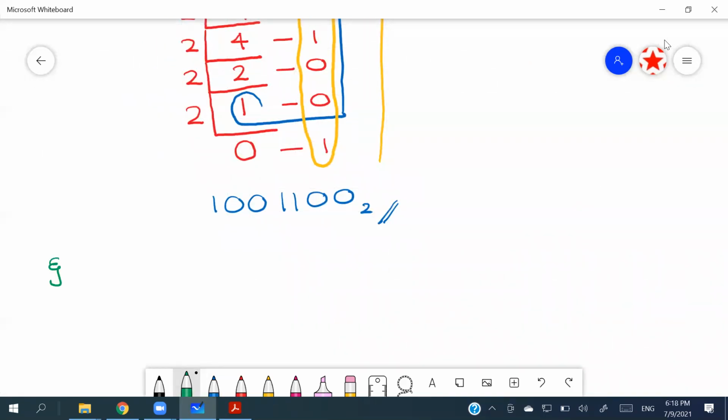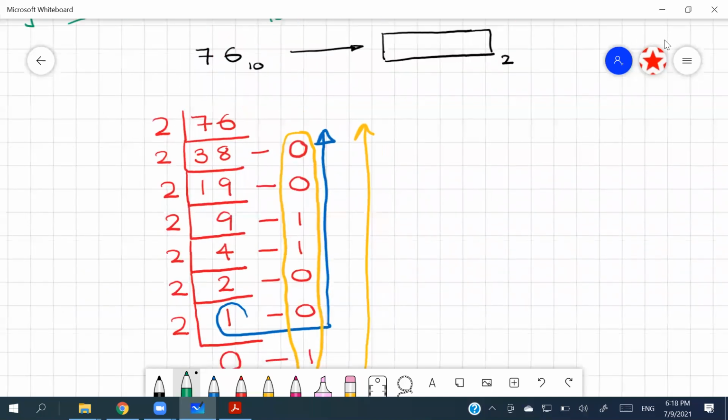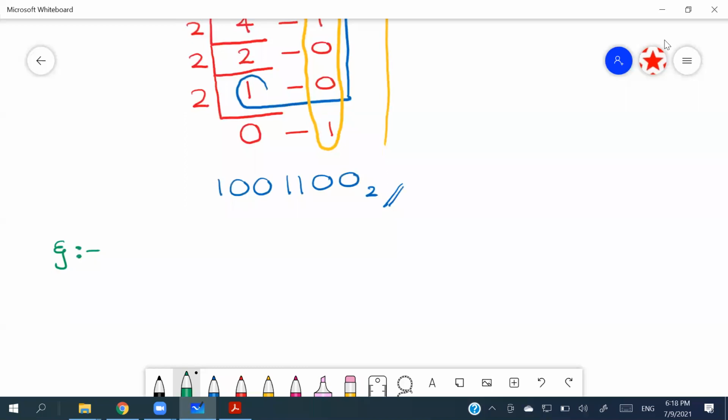is about decimal to octal conversion. So I'm taking the same value, which is 76. We took 76, right? Yes. So this is example number 2.